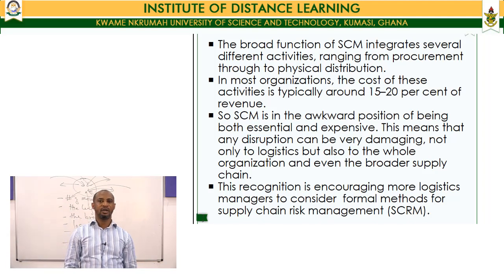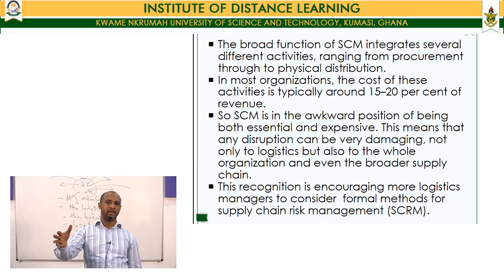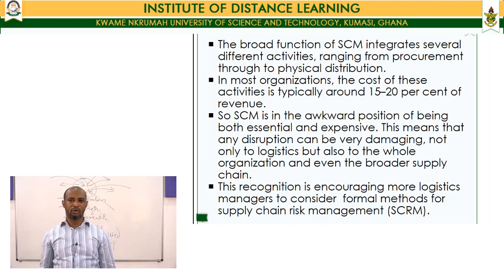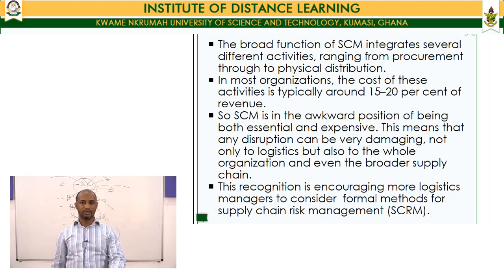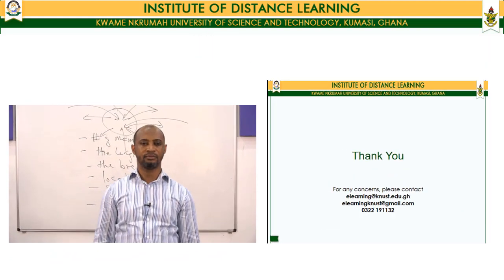Because if you are a supplier or a haulage company for Cocoa Board, and Cocoa Board is not buying cocoa again, are you not technically out of business? You are. That's the broader supply chain. So this organization is encouraging more logistics managers to consider formal methods for managing risk, and the essence of adding supply chain risk management to the curriculum.